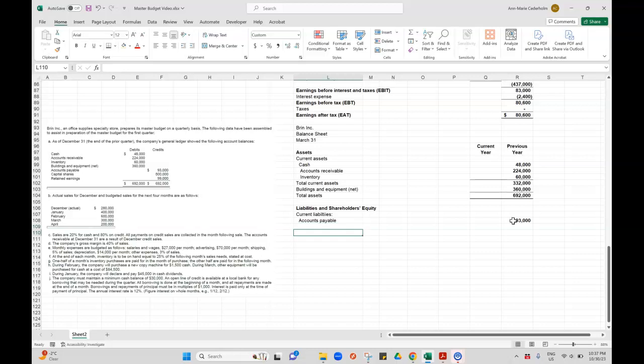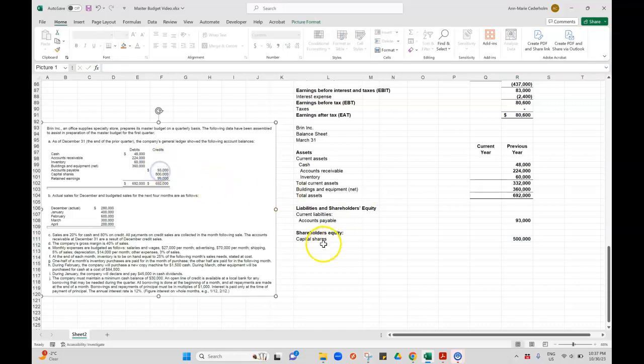So then I just have to do my shareholders' equity. And I'm going to take my capital shares. So that was 500,000. So just right there, and then my retained earnings of 99,000.